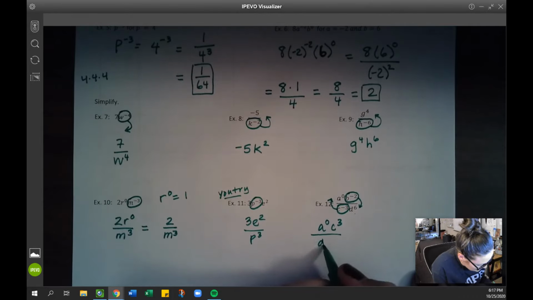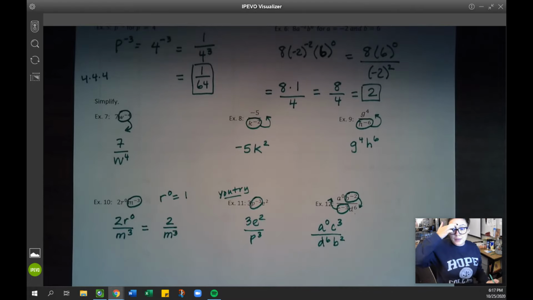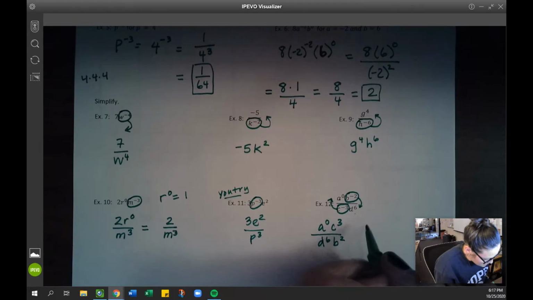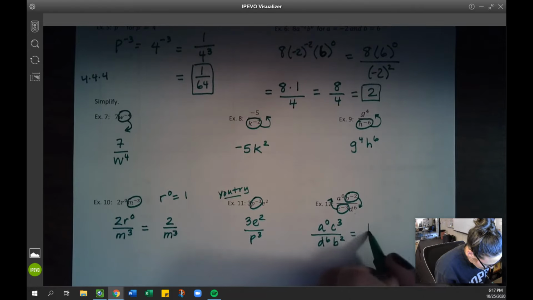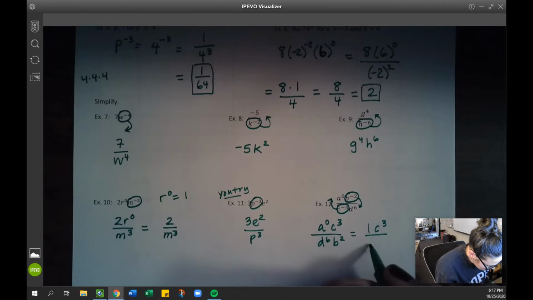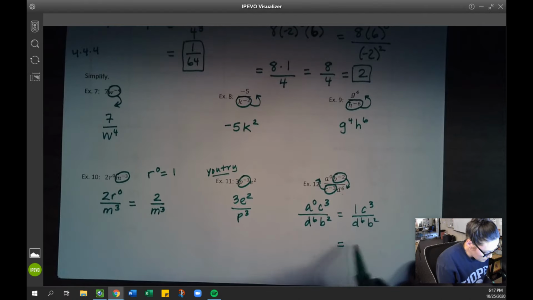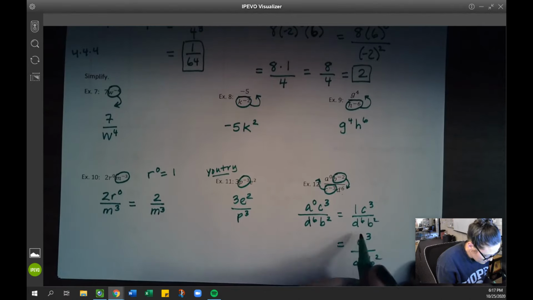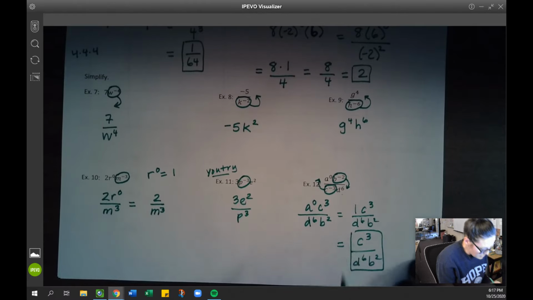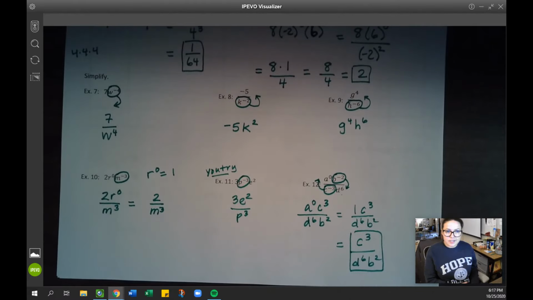Then I have d to the 6th and b squared on the bottom. And again, one last thing I can do, a to the 0 is really 1. And I don't need to write 1 times c cubed. I can just write c cubed. So that right there is going to be my final simplified answer.